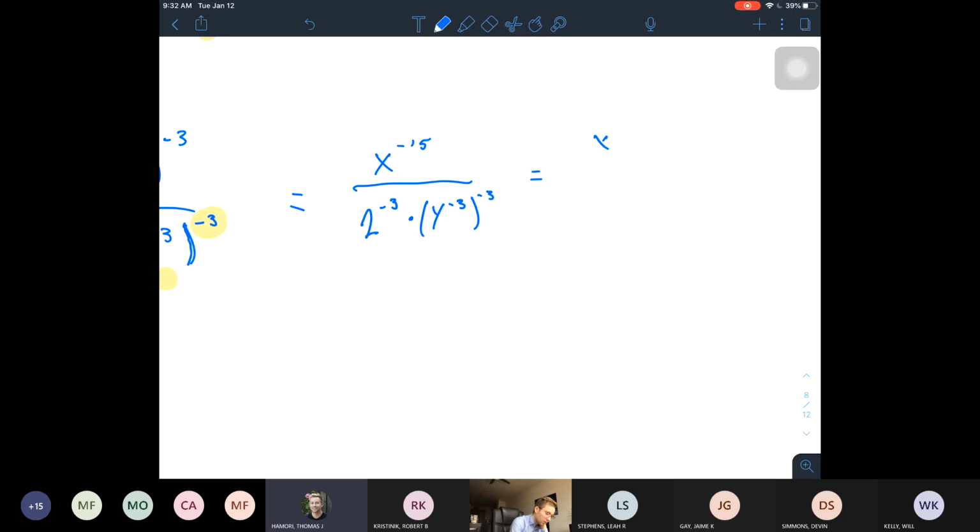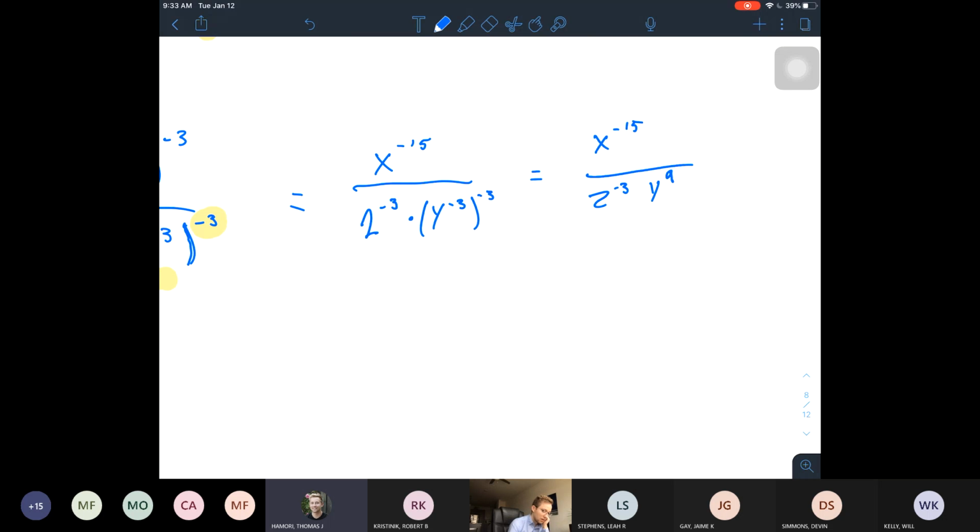And I'll clean that up a little bit more. We'll leave x to the -15. In fact, we'll even leave 2 to the -3, and we'll just clean up that part. We have a power to a power on our y. We should multiply. We'll have y to the -3 times -3. So -3 times -3, negative number times a negative number gives us a positive number. So we'll have +9 there.